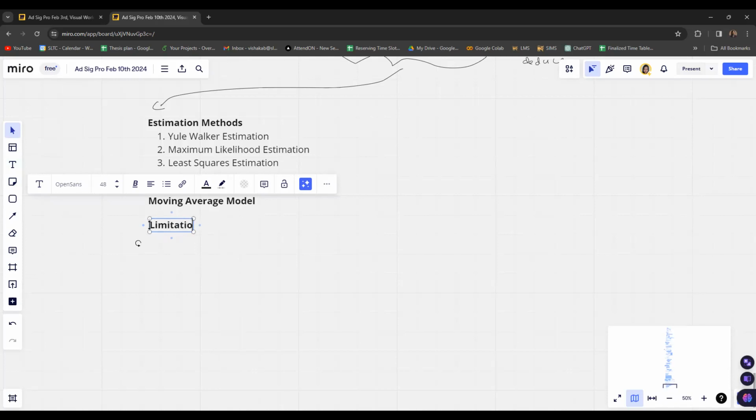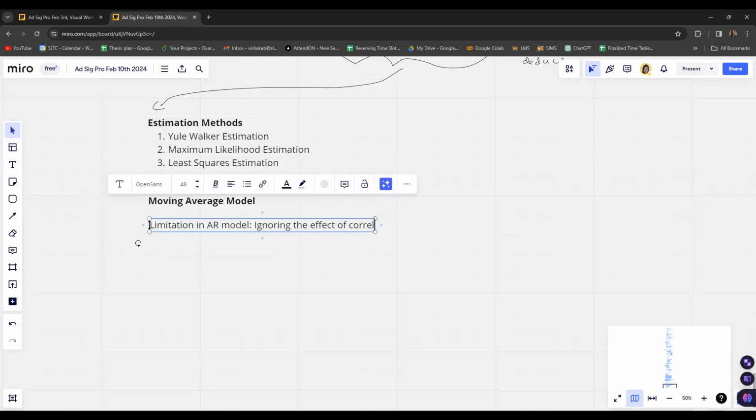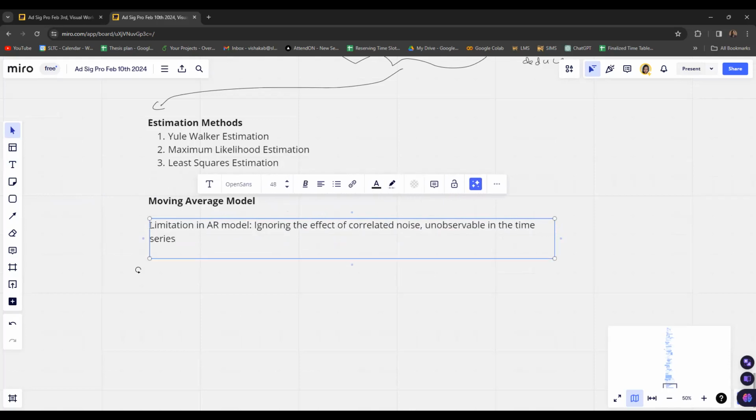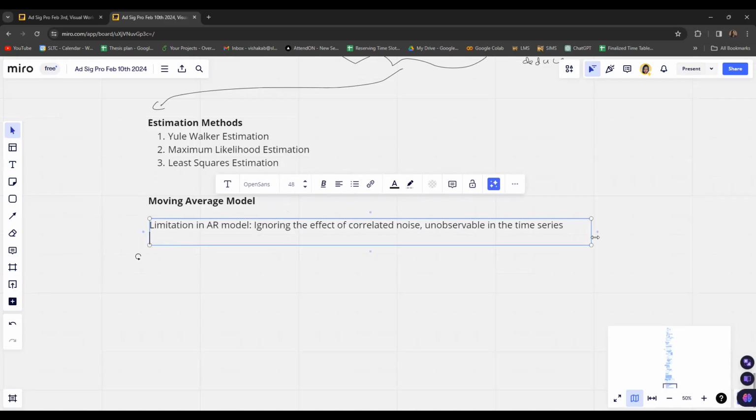So the current limitation that we can see in the AR model is that we are ignoring the effect of the noise on the signal in the time series.